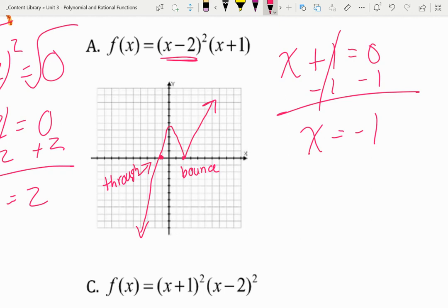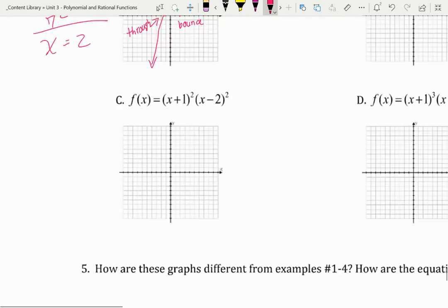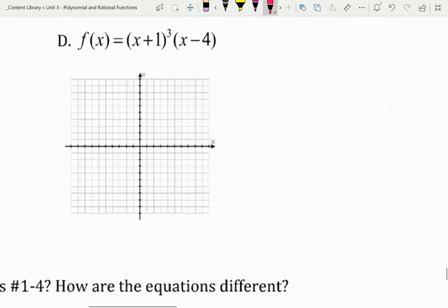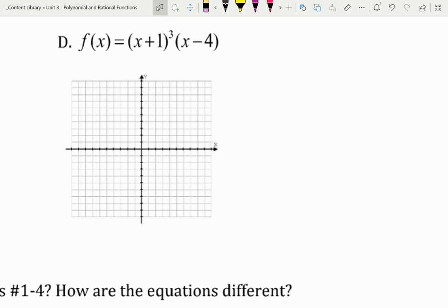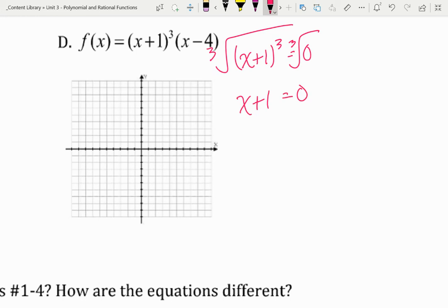You guys do B and C, and I will do D here. Okay. With D, we've got x plus 1 cubed equals 0. So we're going to cube root both sides. So I get x plus 1 equals 0, minus 1 minus 1, x equals negative 1. Okay. And then x minus 4 equals 0.